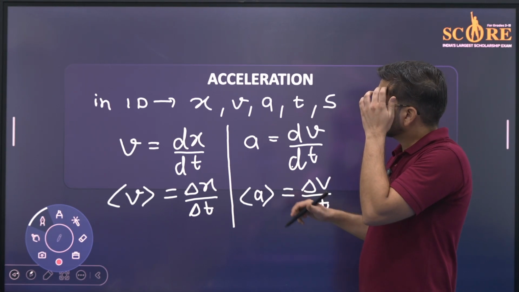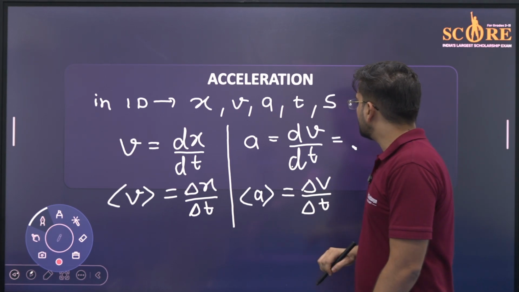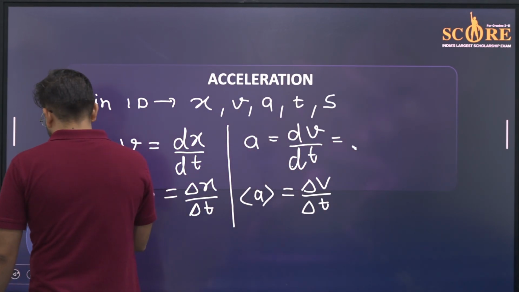And by using this formula dx by dt, we can also derive another form of acceleration.